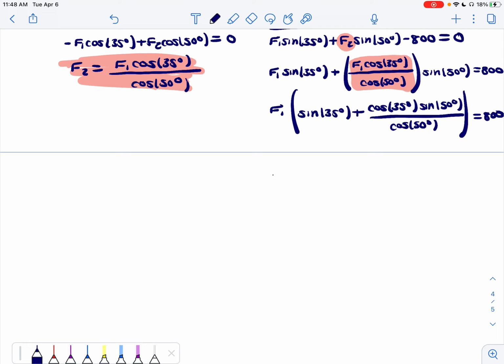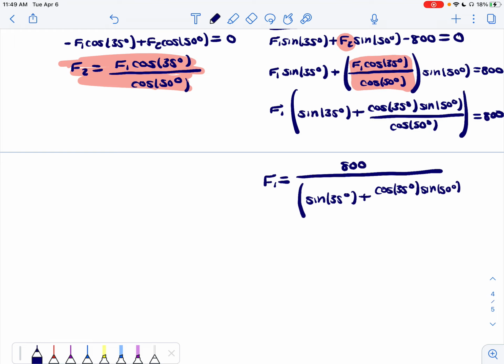Solving for F1, we just need to divide by this whole thing in parentheses. So F1 is equal to 800 divided by sine of 35 degrees plus the cosine of 35 degrees times the sine of 50 degrees all over the cosine of 50 degrees.